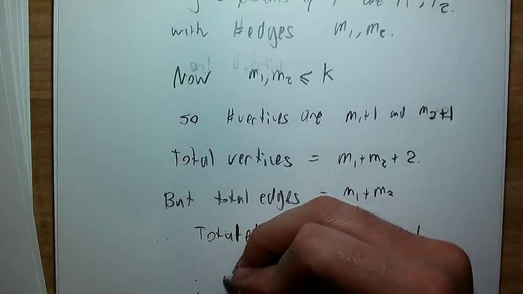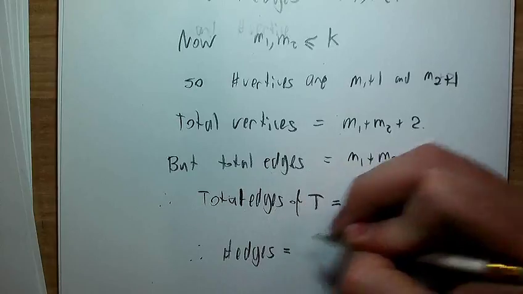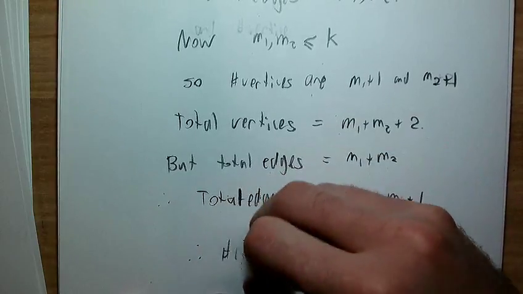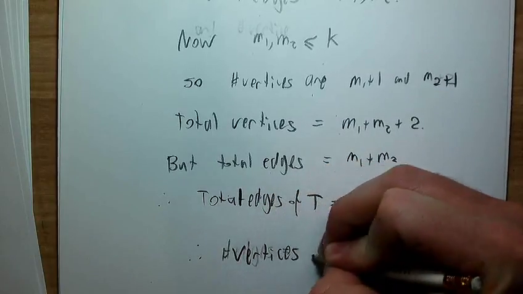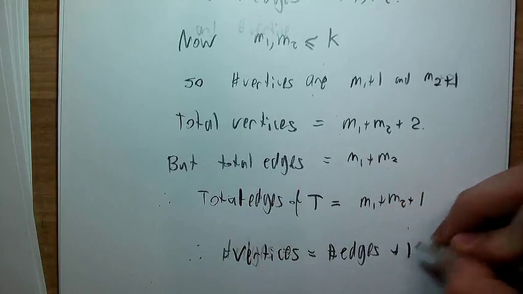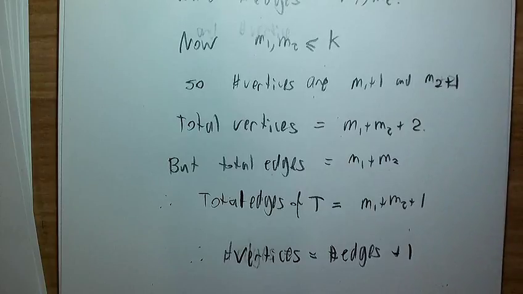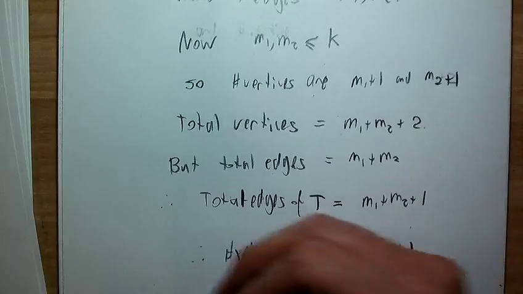And so therefore the number of vertices equals number of edges plus 1, because this one's plus 2 and this one's plus 1. Brilliant. So the result is true by induction.